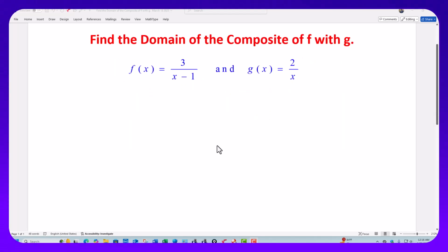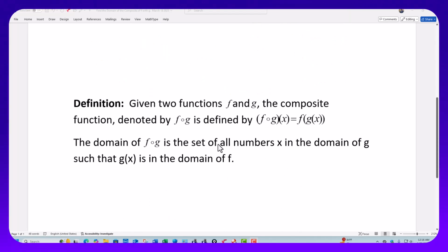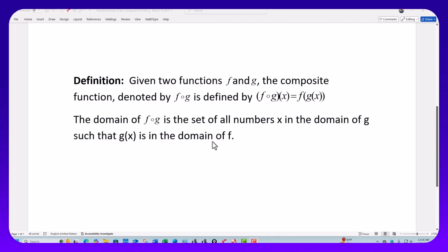Now for the composite function, the domain is a little bit different, but it still depends on the domain of the given functions. So the definition here: we have two given functions f and g, the composite function denoted by f circle g is defined by f circle g of x, which can be written as f of g of x.